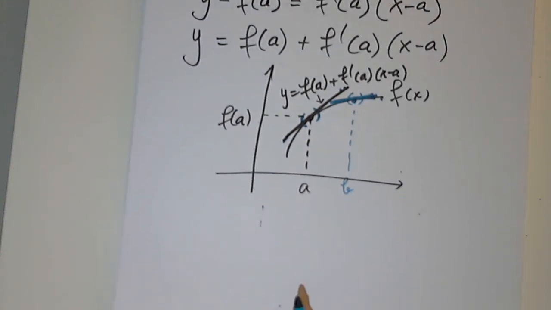So any function can be approximated by a line. Of course, a different line for different points. Not the same line at every point, but it can always be approximated by a line near a point.